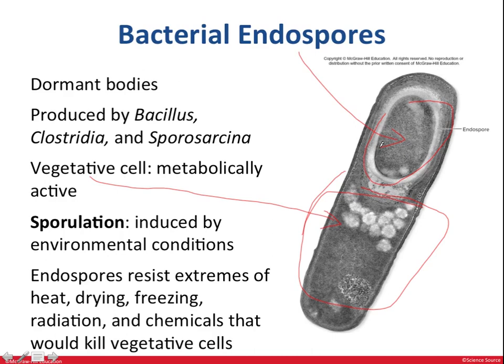So why do bacteria make endospores? Because the environment changes and becomes very difficult for the cells to survive, such as extreme heat, dryness, freezing, radiation, or chemicals such as antibiotics.